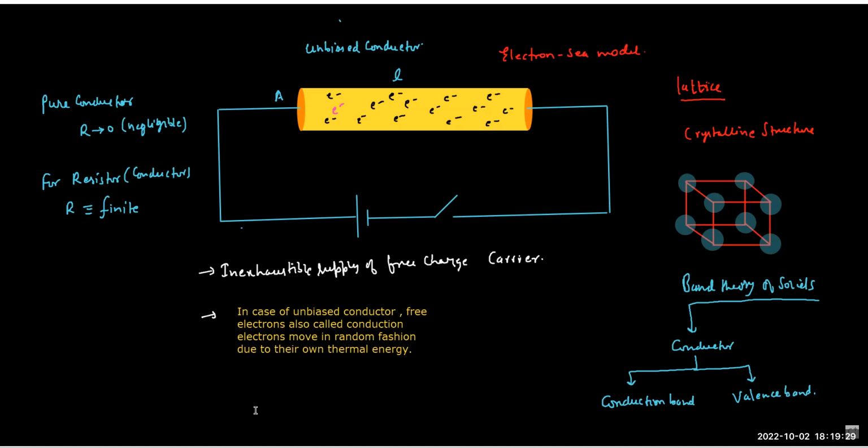And that kinetic energy lets them move in a random fashion. If I draw the arrows to show their movement, all will move in a random fashion, and we don't have any control over how they decide to move. This is totally bizarre and random motion.